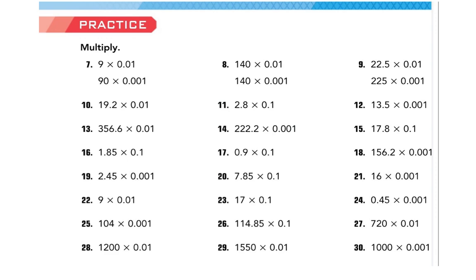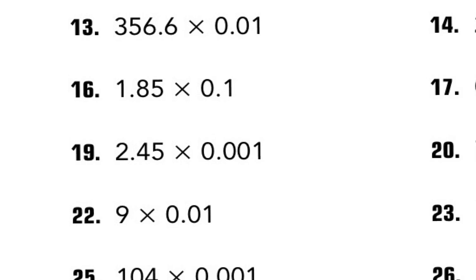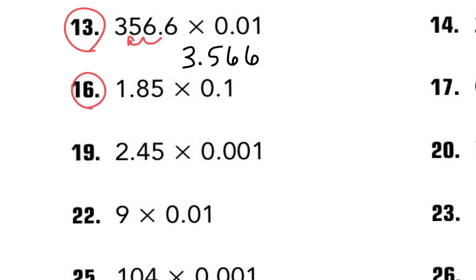So we could do this with any random problem they give us. Like if we look at number 13 here, multiplying by 100th, we're going to move the decimal 2 spots to the left. If we look at number 16, multiplying by 1/10 moves the decimal 1 place to the left.